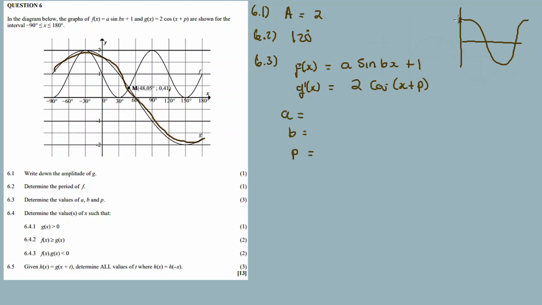Now, since the highest point is at 0 degrees, it has now shifted from 0 to this point here. Therefore, it shifted from 0 to 30 degrees. It means that p will be 30 degrees. Because x plus 30, by adding you are shifting the graph to the left. By subtracting we shift it to the right. So our answer for p is 30.